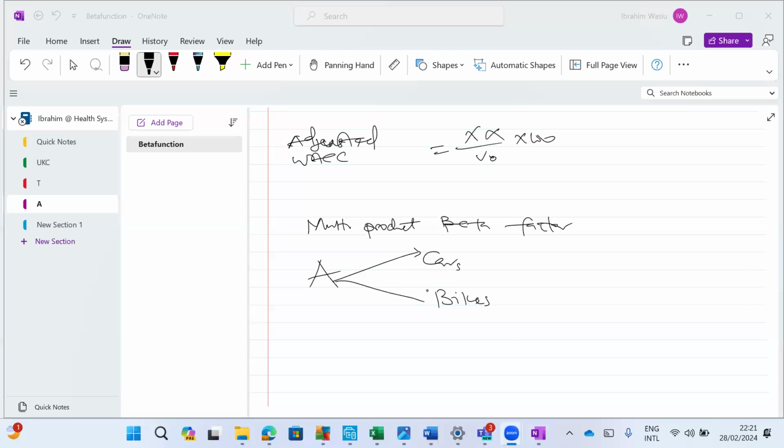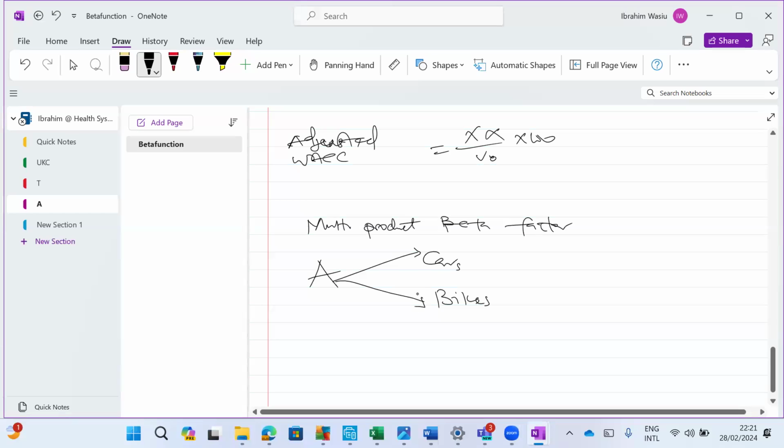Let me see. Okay, can you see my screen now? So we have two companies. We have company A and B. Company A rather. So company A is into 2 lines of business, it is into cars and bikes. Okay. Are we there? Okay, so the examiner will tell you the beta equity of the company, the examiner will give you something like this.